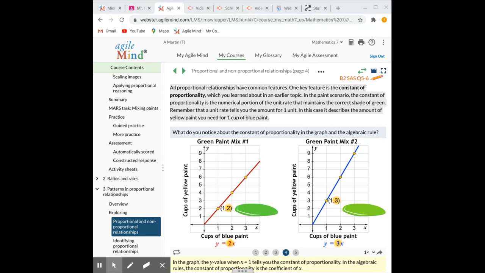In the algebraic rules, the constant of proportionality is the coefficient of x. All right, so it's showing us that the unit rate is equal to what? To the numbers that are being multiplied for our constant rate. Yes, I see what you're saying, Jamal.